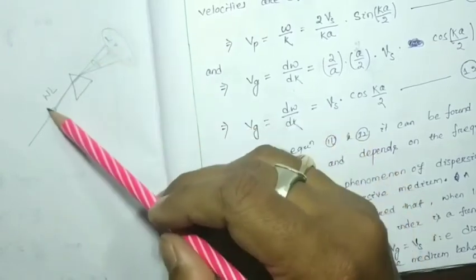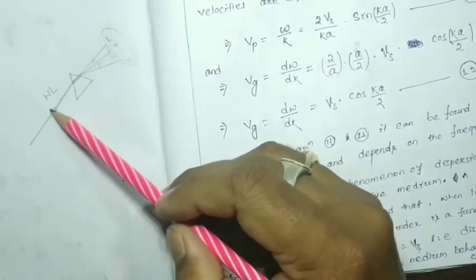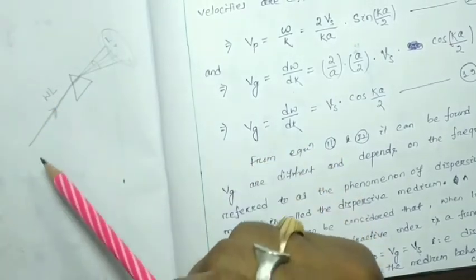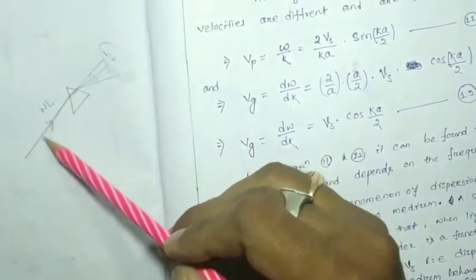Here white light has one particular velocity, or we can say one particular refractive index.